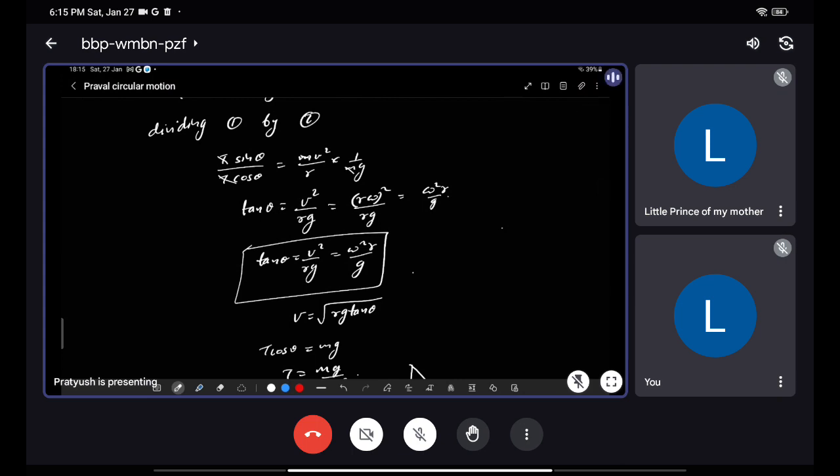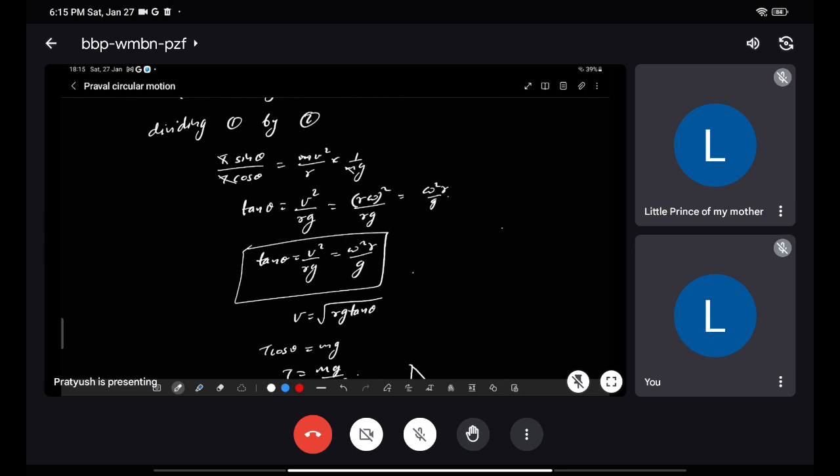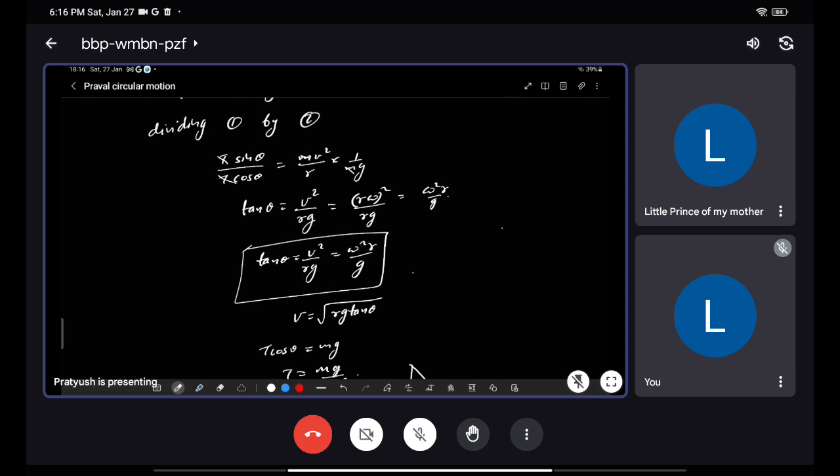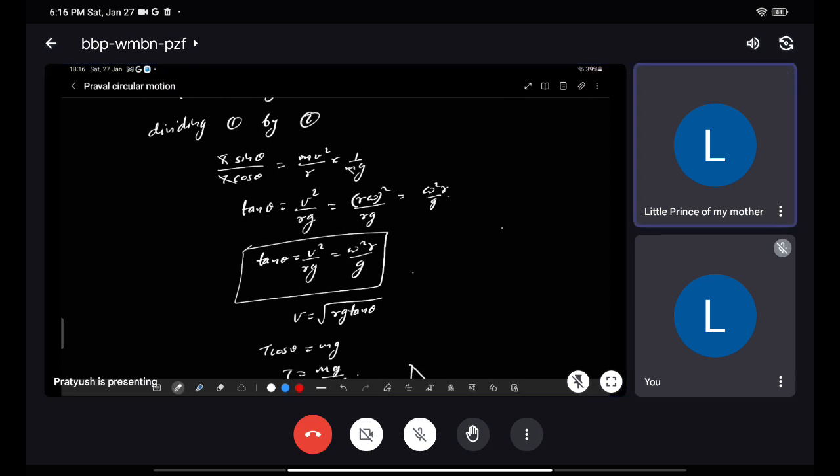We get tan theta equals v square upon rg or omega square r by g. So copy it. Copied.